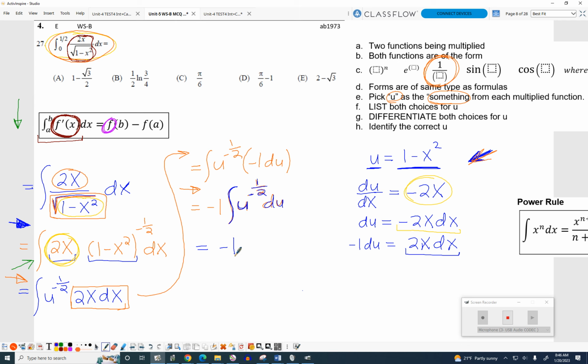So use the power rule, keep going, doing great. So you have u to the -1/2, that becomes u to the -1/2 plus 1 divided by -1/2 plus 1. 2 points for MJ. Questions?